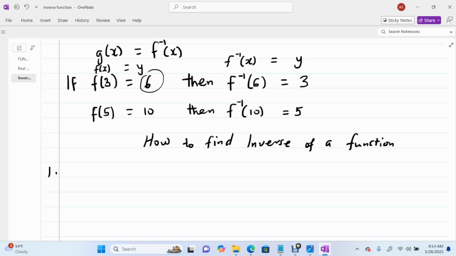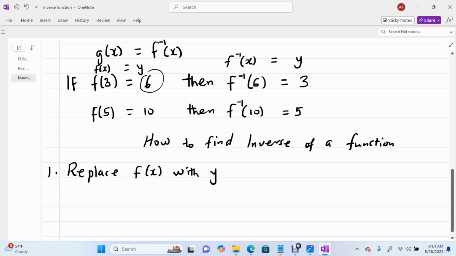So the first step is going to be to replace f of x with a y.